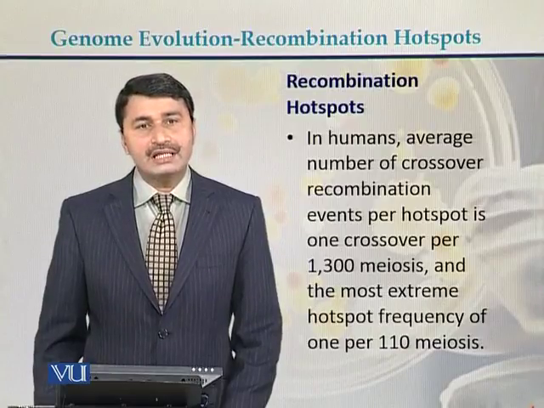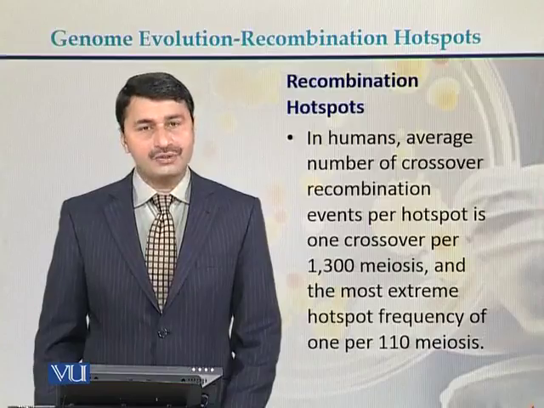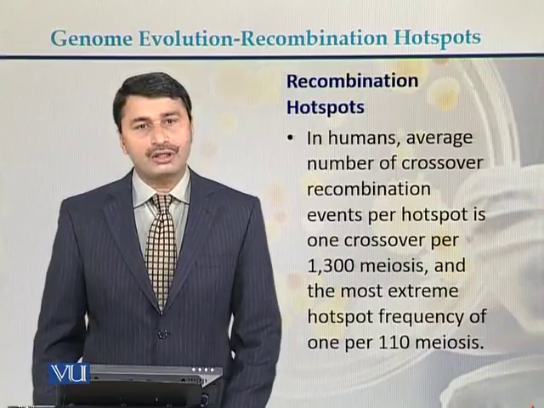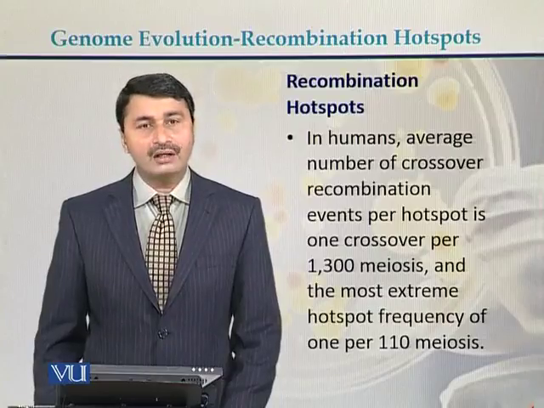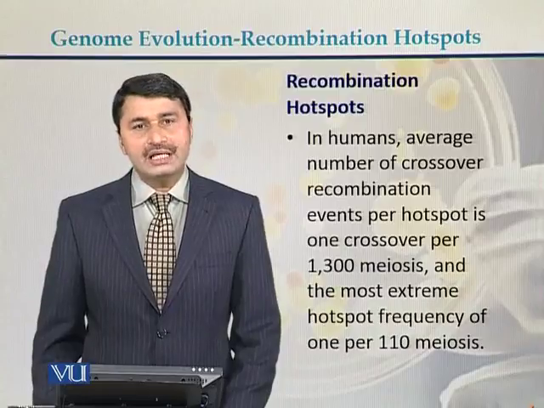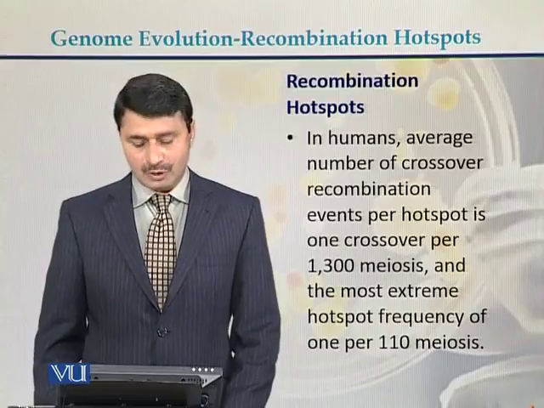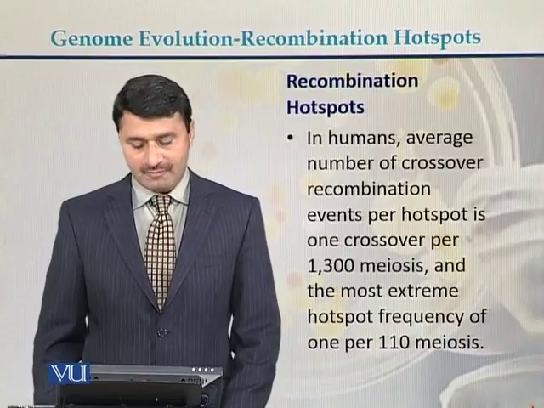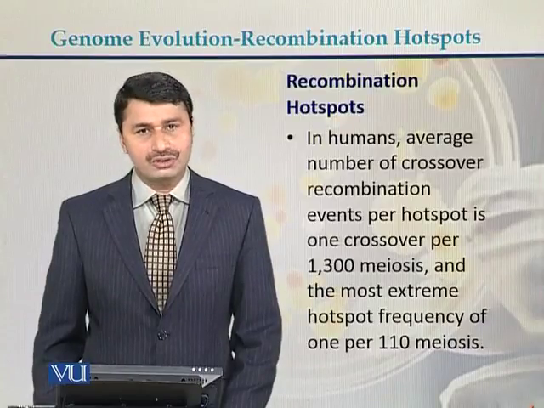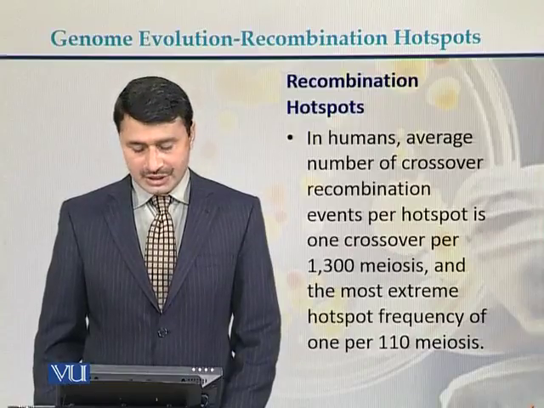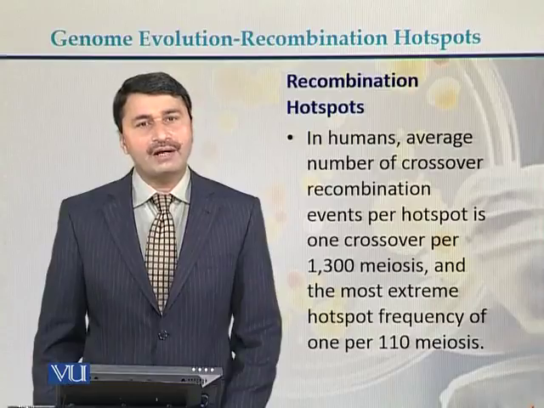And in certain areas of the genome, it has been observed that the frequency of hotspot recombination is 1 out of 110 meiosis. So, in certain areas of the genome, the crossover per hotspot can be 1 out of 1300 meiosis, and in certain areas, it can be 1 out of 110 meiosis.